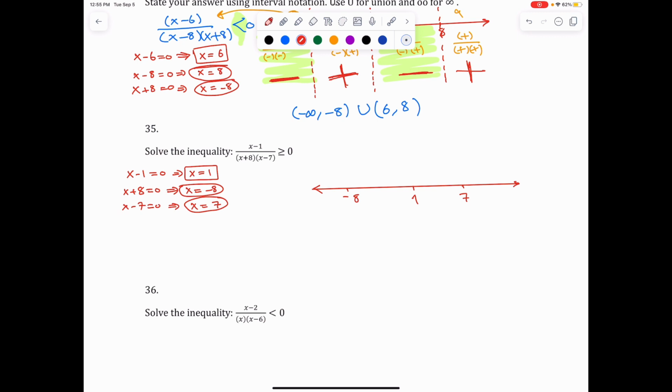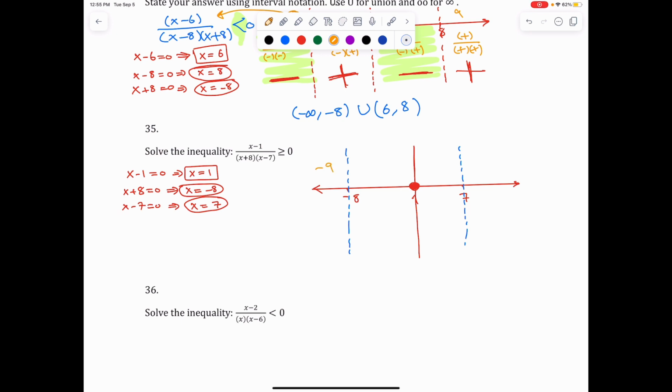Only the 1 is included, so I'm going to put a closed circle here so I know, and I'm going to include a solid line there with the other ones. I will change the color, so it's going to be dotted line and dotted line because none of these are included.